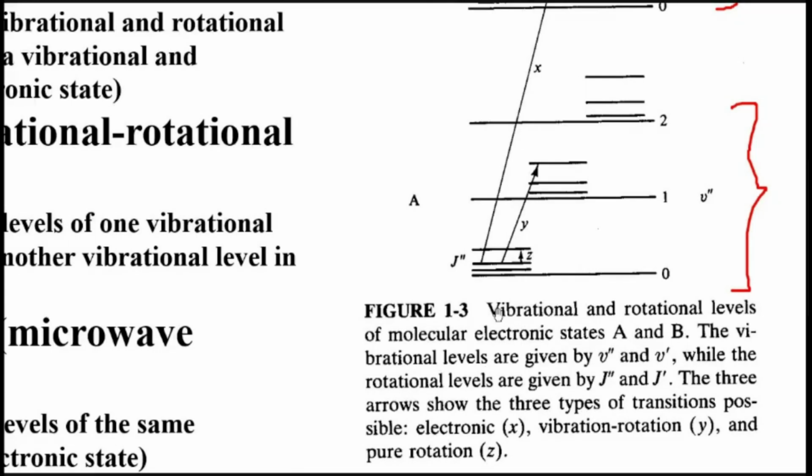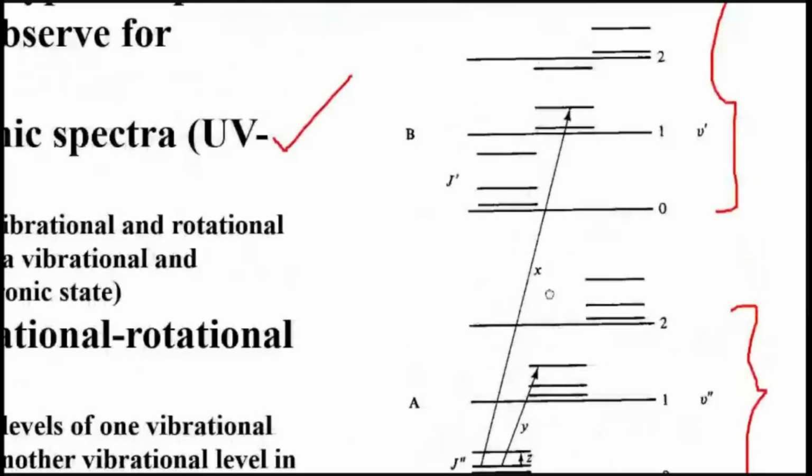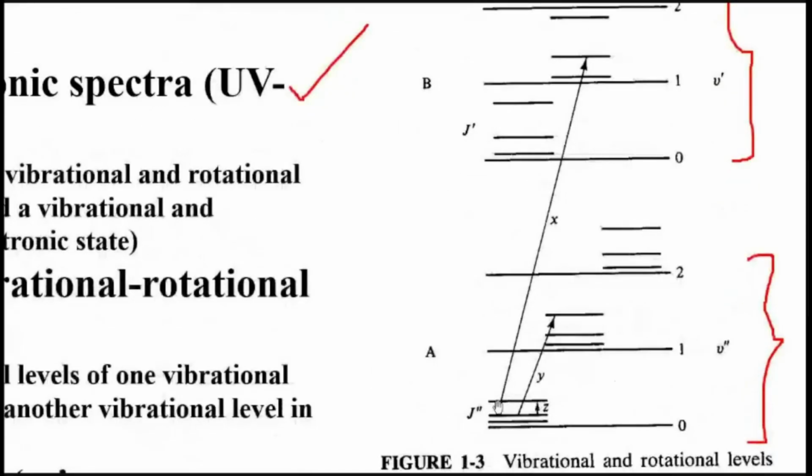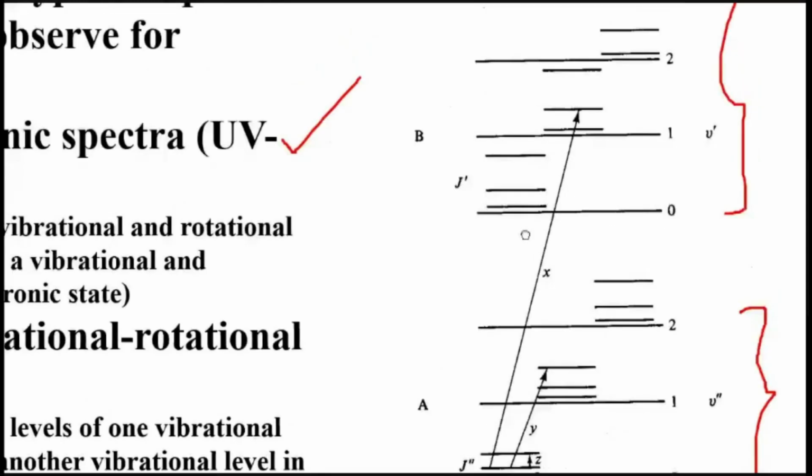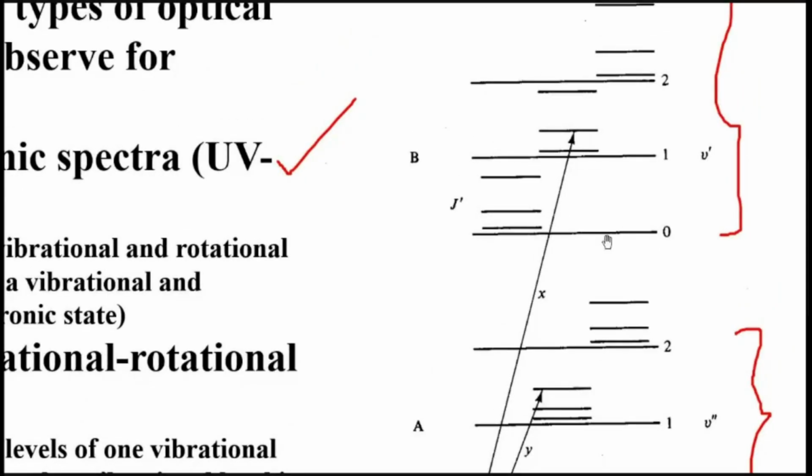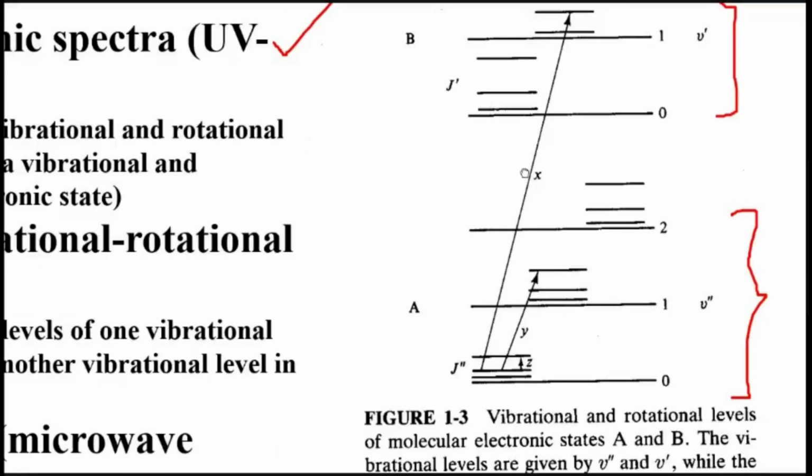What those lines represent are vibrational and rotational levels of the molecular electronic states A and B. So these large lines indicate the vibrational state, and these small lines the rotational state.